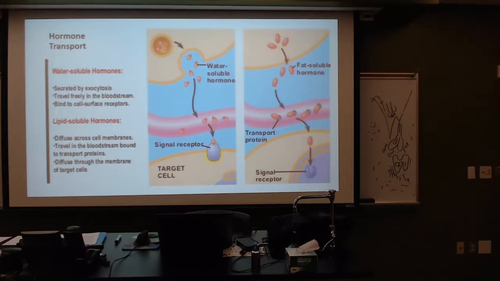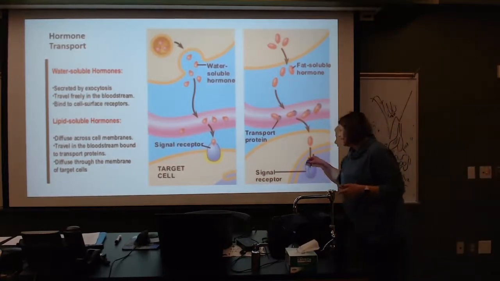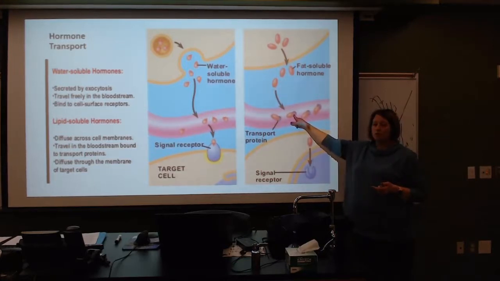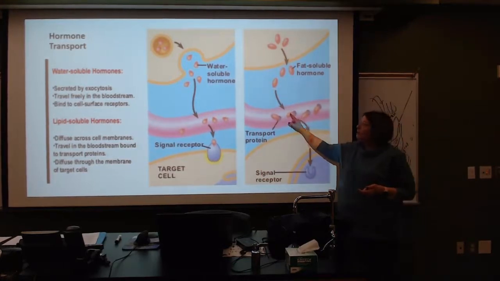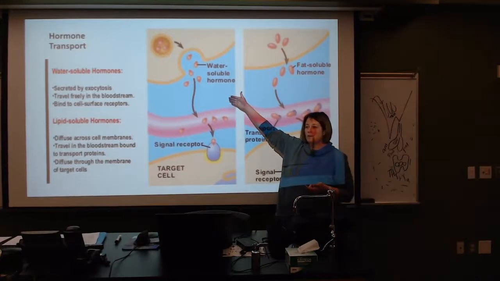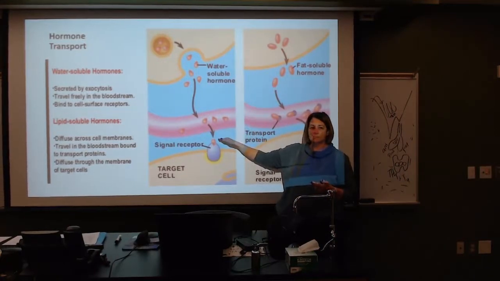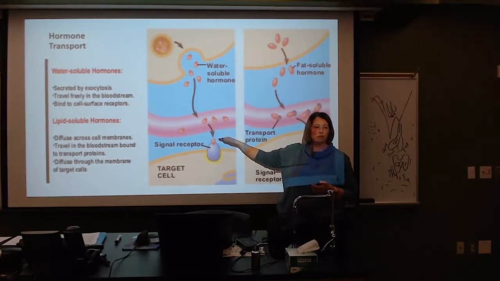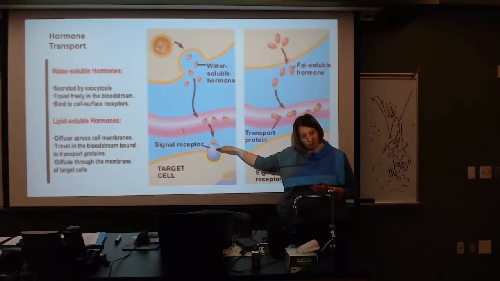That transport protein will be specific to that particular fat-based chemical and allow it to move through the blood to target cells. So my fat-soluble hormones need to have a transport protein. Water-soluble, what do you notice? They do not need the transport protein.